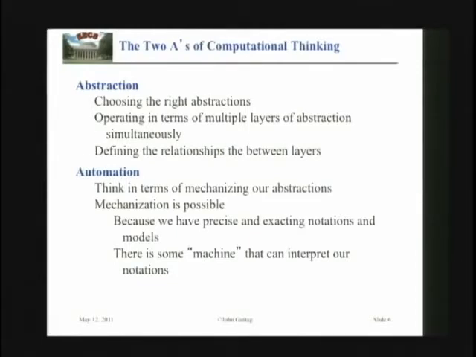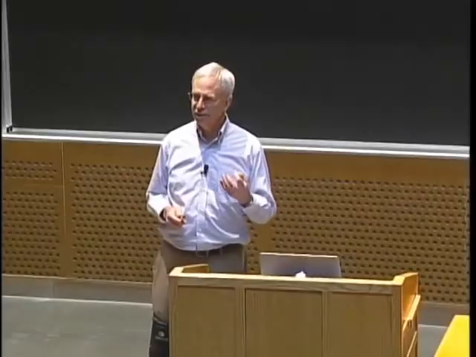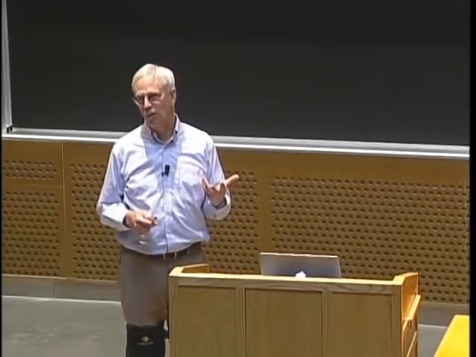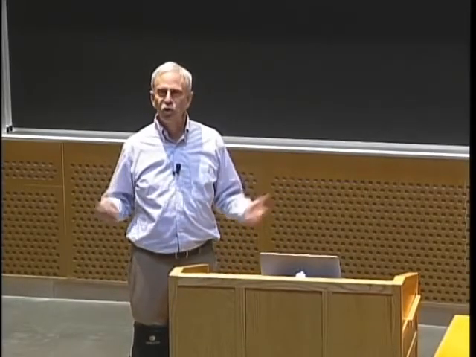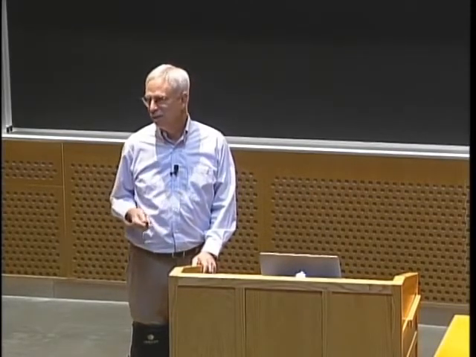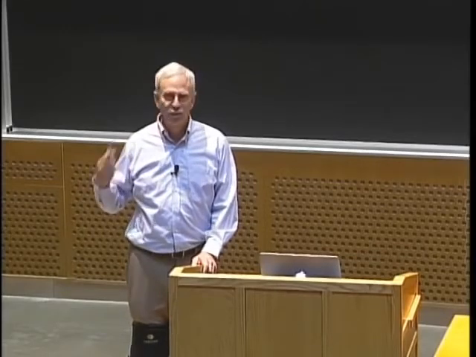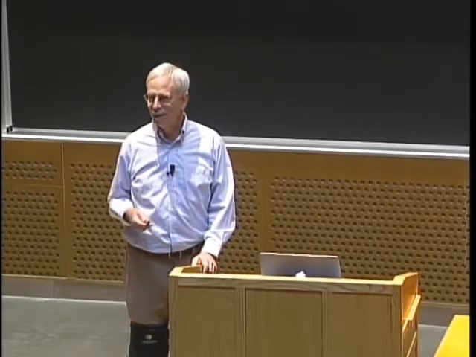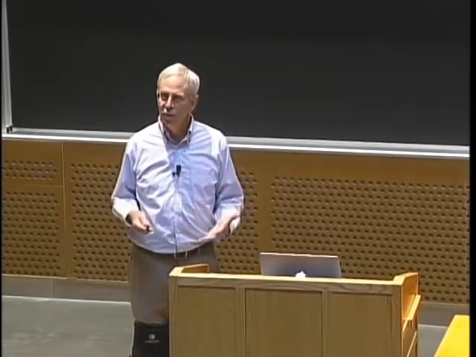We can do this for two reasons. One, we have a precise and exacting notation for expressing the abstractions, for building our computational models. This term that has been Python and PyLab and NumPy, but it could have been Java, it could have been C++, it could have been MATLAB. It doesn't matter very much.